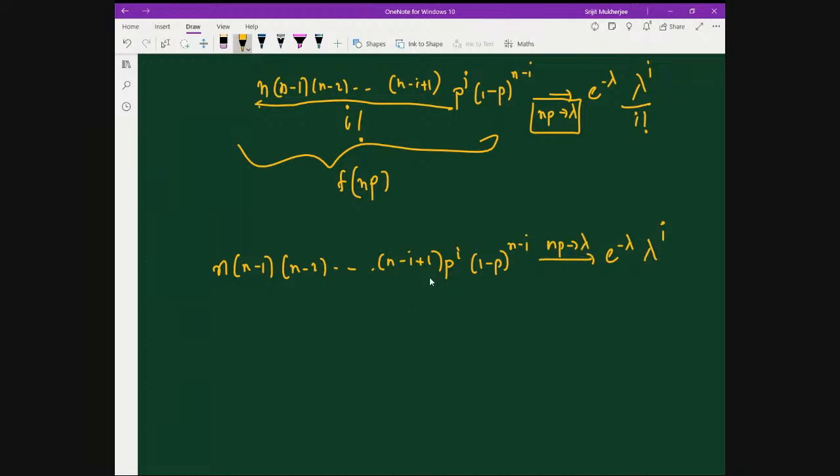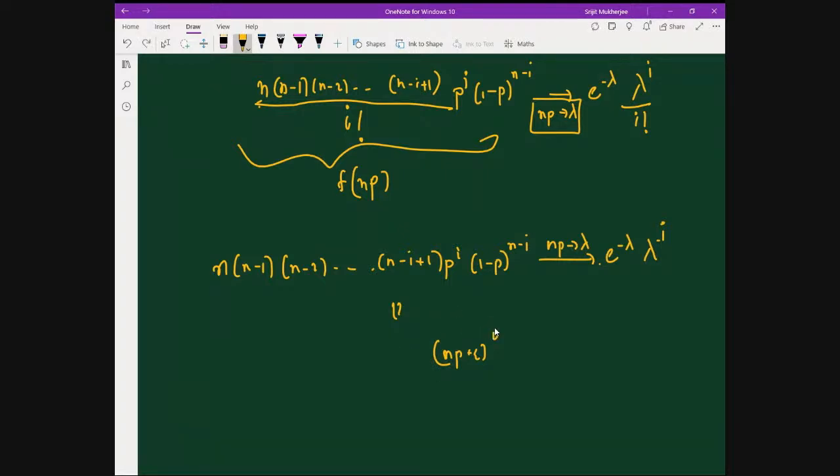So here the i terms need to become np. What can we do? Any ideas, guys? We need np to go towards lambda. So we need something like np plus some epsilon, the whole to the power i, into something else.